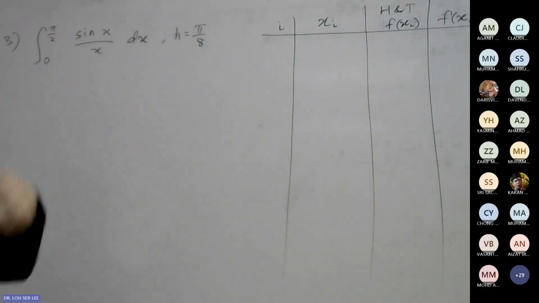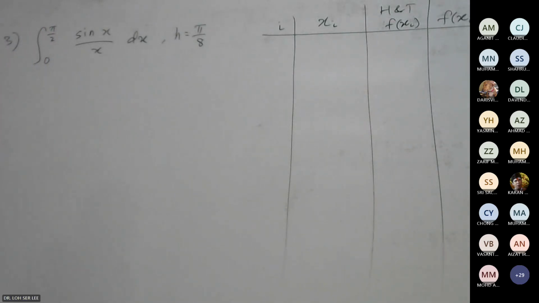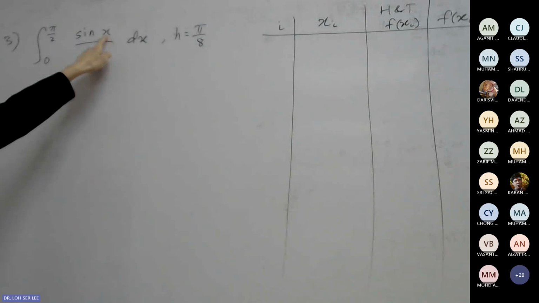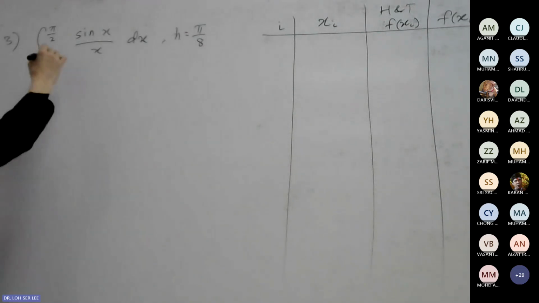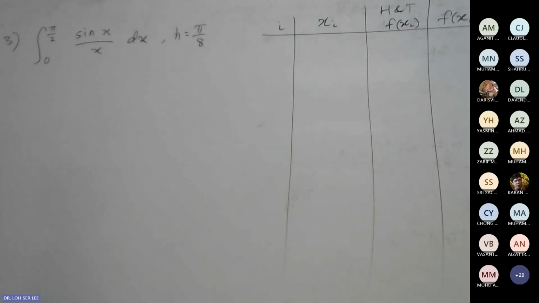Use the calculator. This one has no degree sign, right? When you see an angle without a degree sign, that means radian.